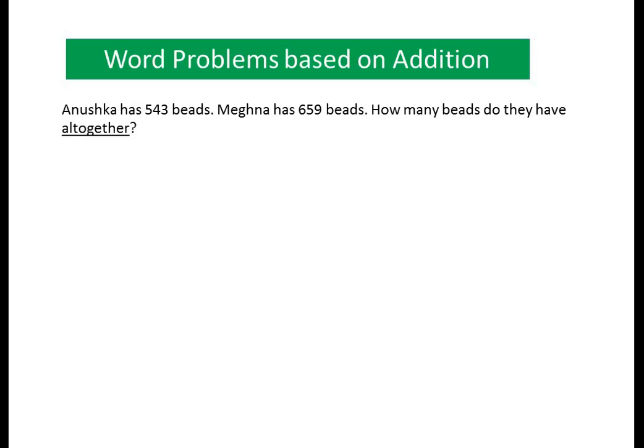We have a hint hidden in the problem itself. Which is that hint hidden over here? Yes, you guessed it correct. Altogether is a keyword for finding which operation to be used. So, underline the keyword altogether and start with the solution.